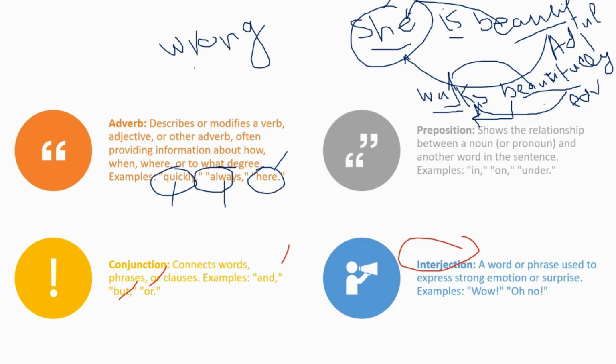Hooray, aha, oh, ouch. So these words express certain emotions, and the sign of exclamation shows their emotion. These words always have this symbol with them.